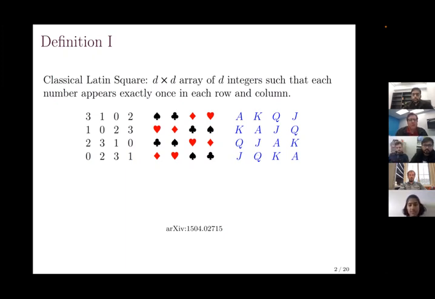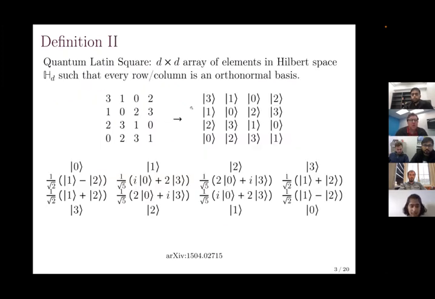We can generalize the notion of a classical Latin square to a quantum Latin square. So what is a quantum Latin square? It's a d by d array of elements in a Hilbert space H of d dimensions, such that every row or column is an orthonormal basis. I showed the numbers 0, 1, 2, 3; you can think of a quantum Latin square made of the bases 0, 1, 2, 3, using just the quantum version of this.